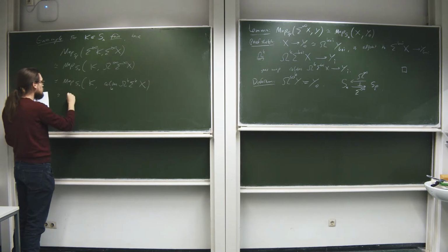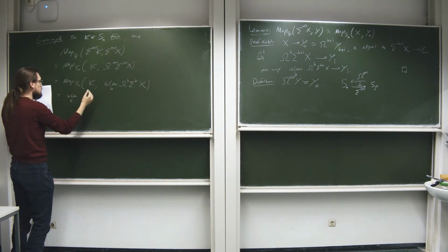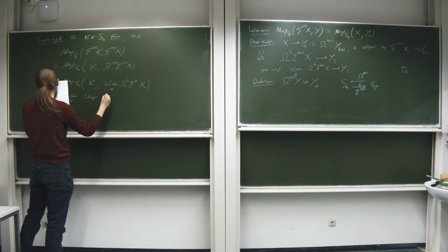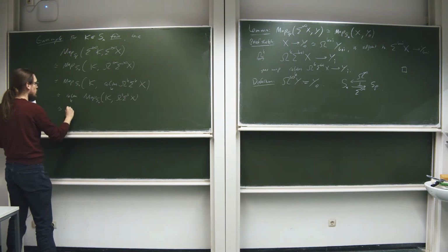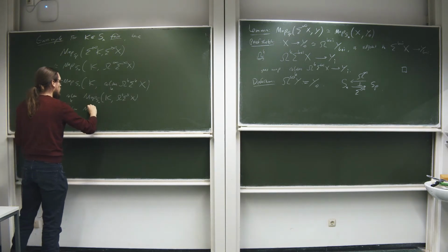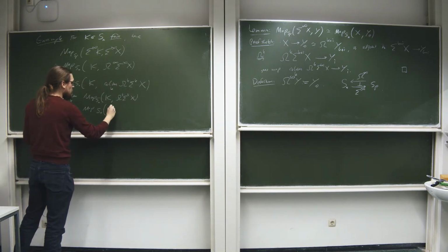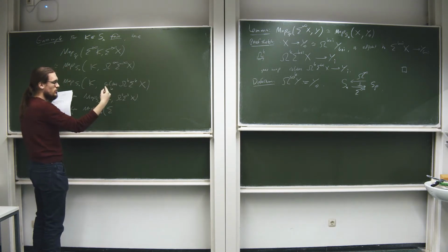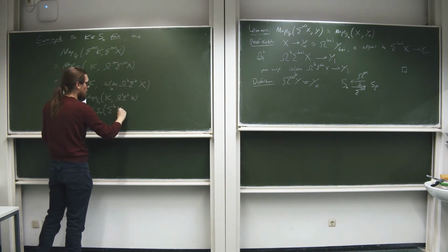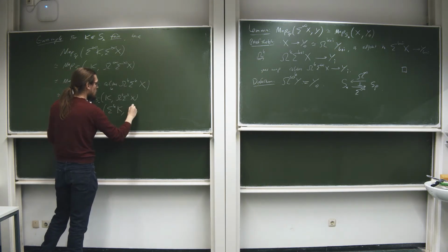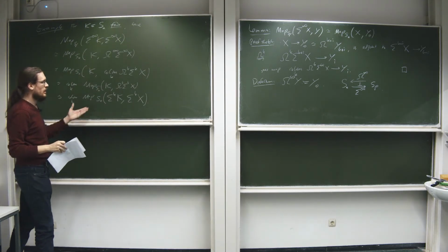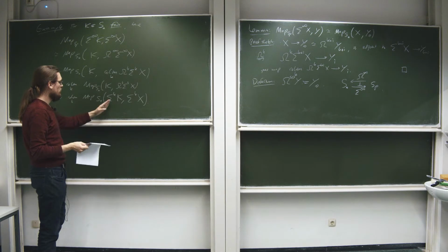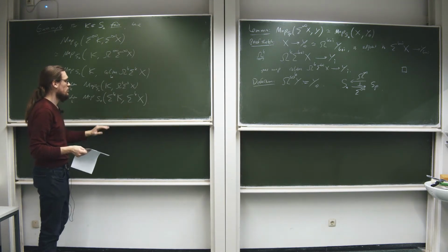In other words, we can write this as maps from K into loops K sigma K X. And here we can again use the adjunction, now between sigma to the K and omega to the K, to write this as this term where I've suspended both sides K times.